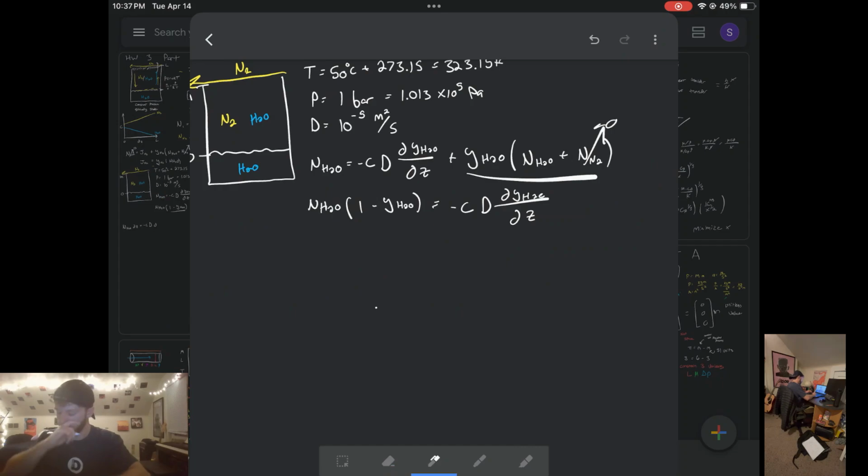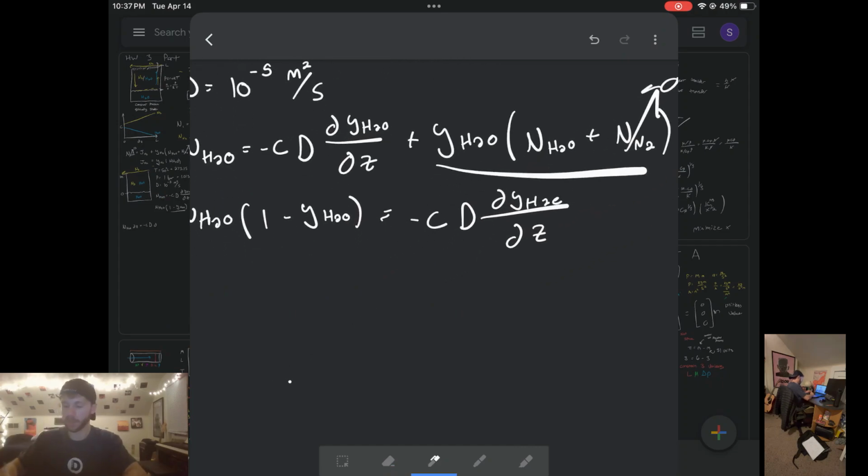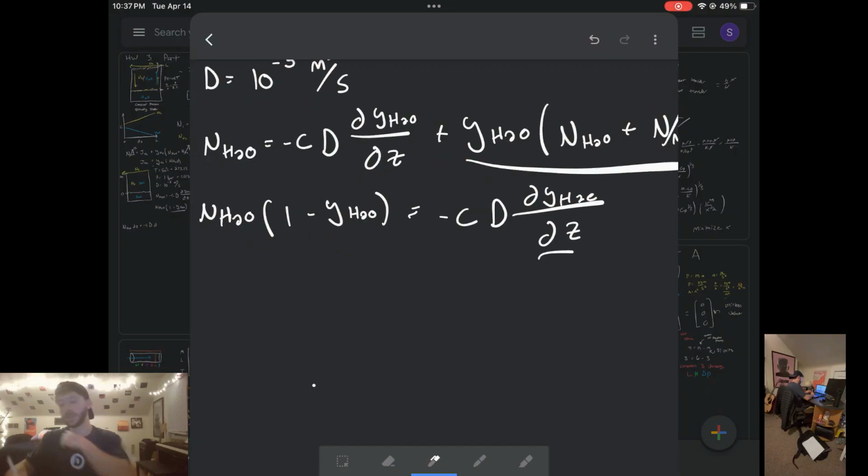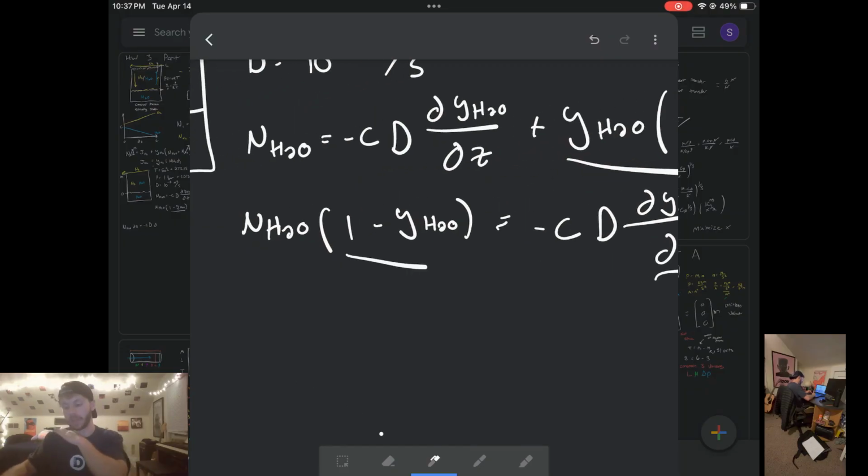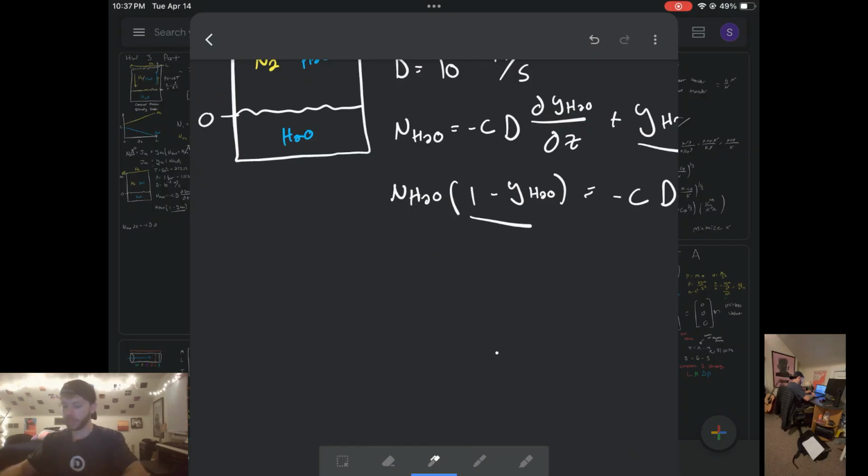Okay, so now we will multiply the left side of our equation by our dz and divide the right side by 1 minus our mole fraction.